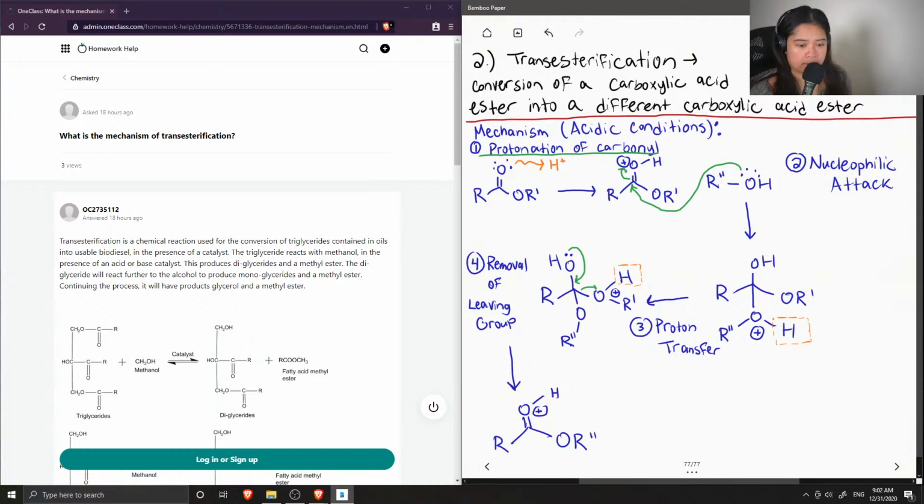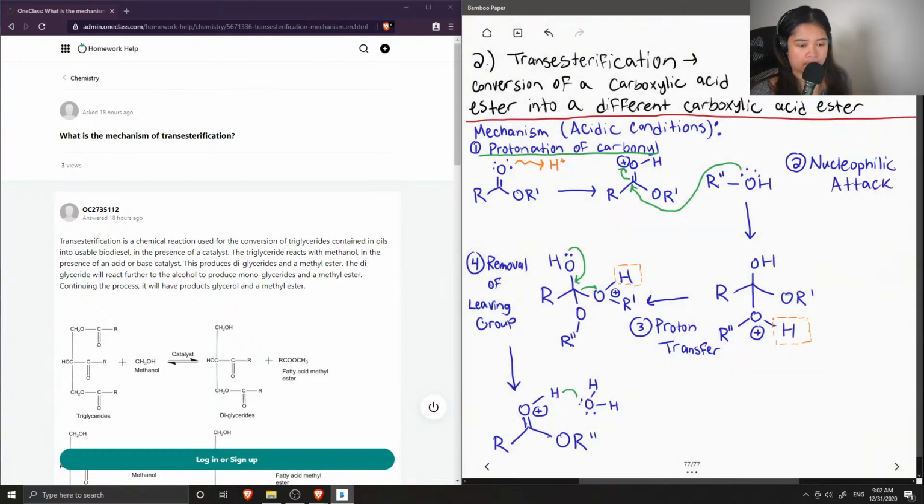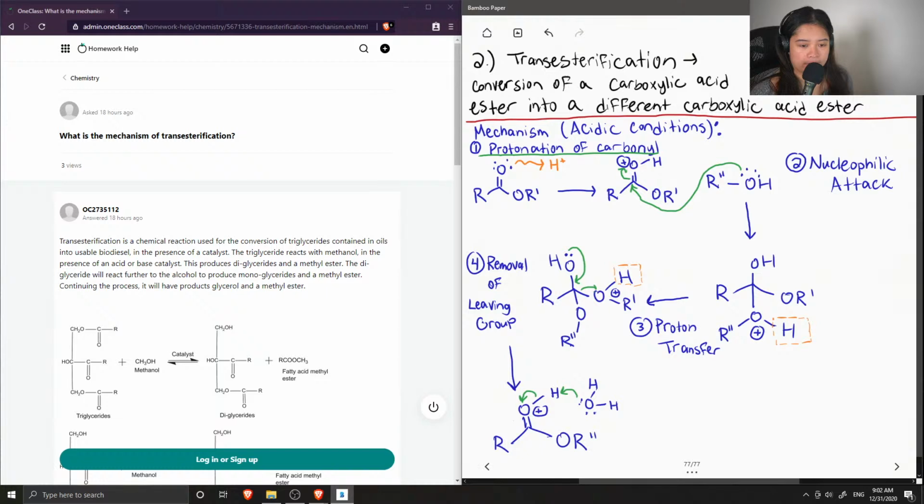Because the next step is the removal of that proton. I'll just say step 5 is deprotonation.